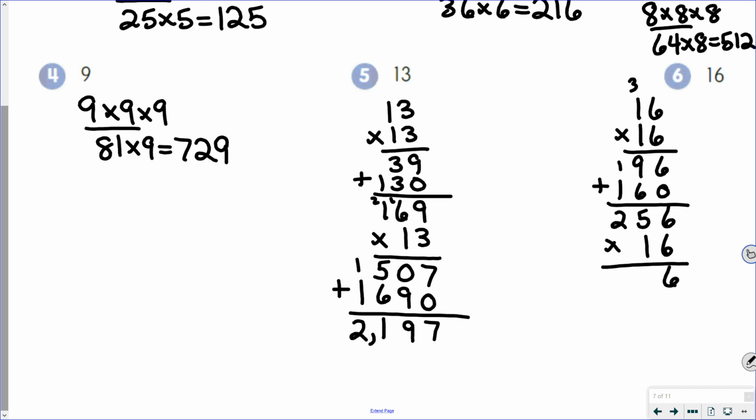We get 36. 30 plus 3 is 33. 12 plus 3 is 15. 2, add those together. 6, 9, 10, 4. You get 4,096. So if you're squaring a number, you multiply it by itself. If you're cubing a number, multiply it by itself 3 times.